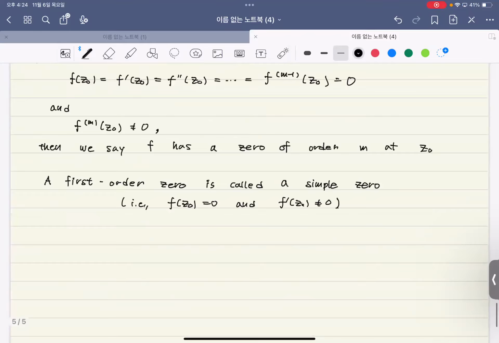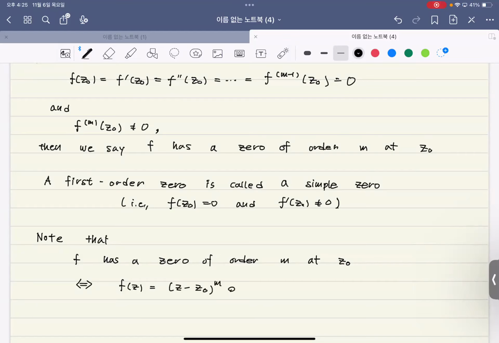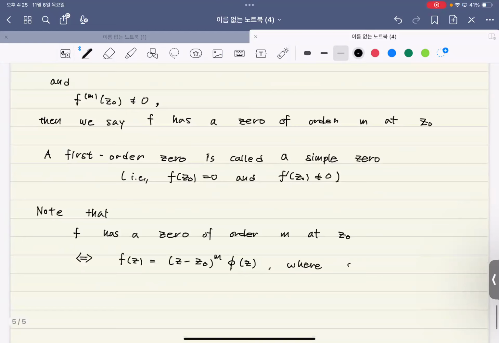And also, just as we did for poles, f has a zero of order m at this point if and only if f can be written as (z minus z0) raised to the power of m times another function phi, where phi is analytic at z0 and phi of z0 is non-zero.